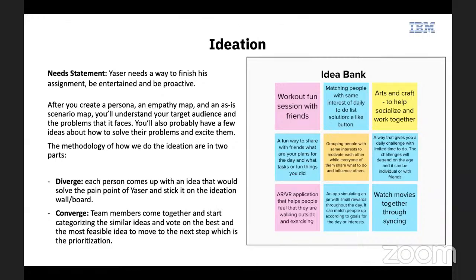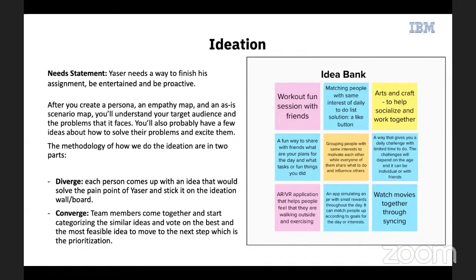Okay, and you have to come up with amazing ideas, wild ideas, crazy ideas. It doesn't matter, just to see how you can actually help your persona. So we do the diverge first, which means a group of people and each one of them comes up with ideas individually to solve Yasser's pain points.